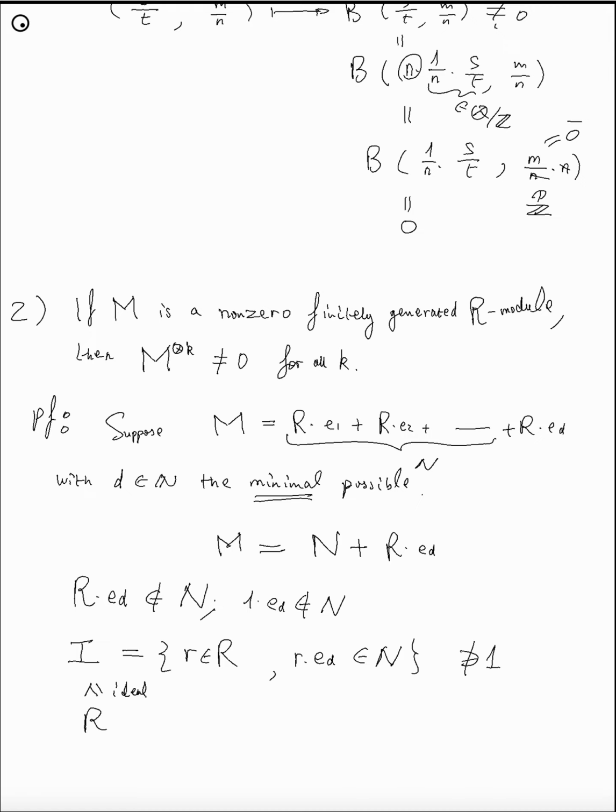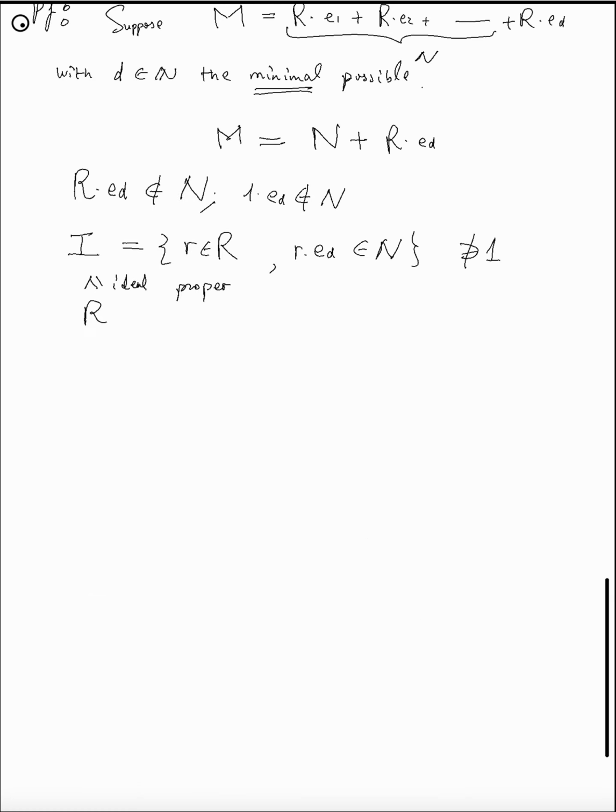This is a proper ideal. Now what we want to do is construct a bilinear map from M times K to R quotient I.